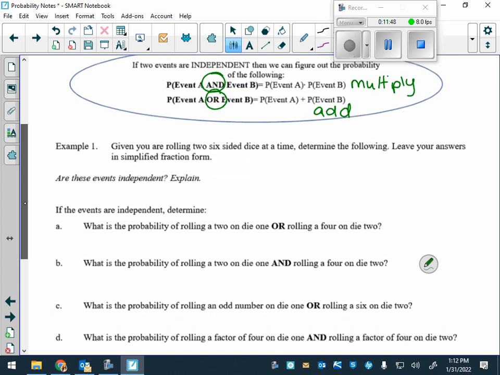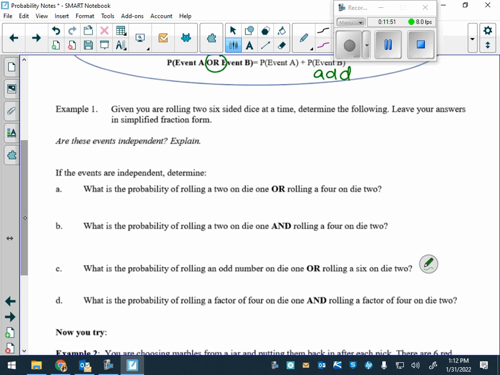So if we look at example 1, we first have to determine if they're independent or dependent. Given you are rolling two 6-sided dice at a time, determine the following. Is that independent or dependent? Good. Okay. So since they are independent, what is the probability of rolling a 2 on die 1 or rolling a 4 on die 2?